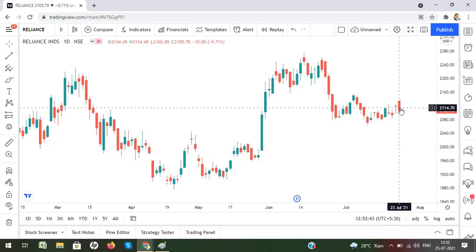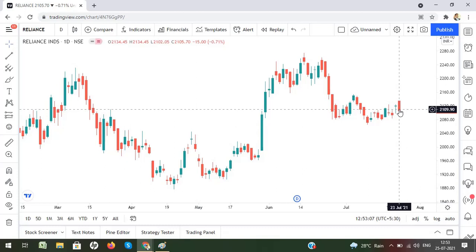So definitely the closing price is lower than the opening price, and you get a red color candlestick. If the closing price was above the opening price, you would have got a green color candlestick.